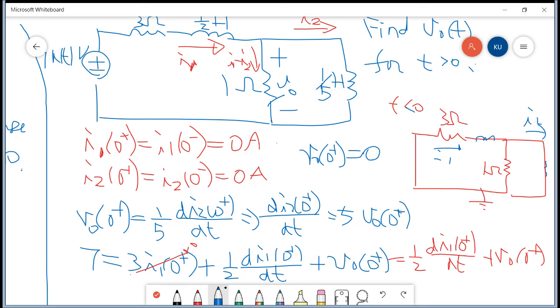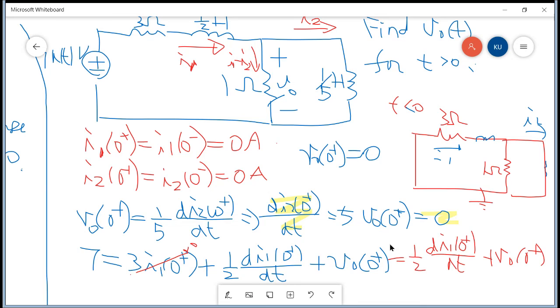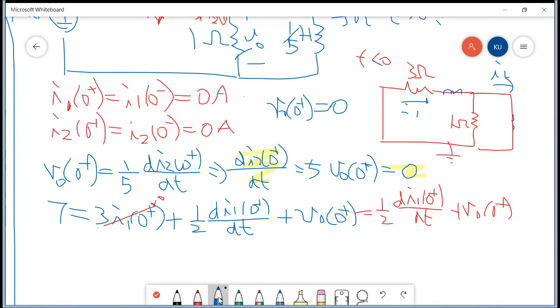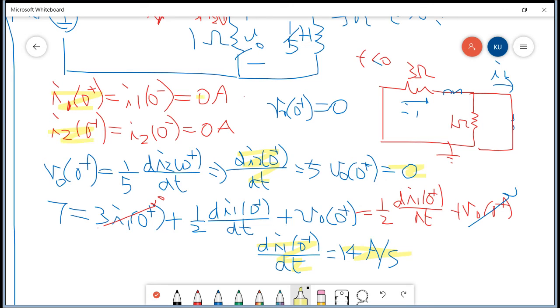Which means that this one is 0, this one is 0, and this one is also 0. So that di1(0 plus)/dt is 2 times 7, which is 14 A/s. So we have the initial conditions like this, and we have got the initial conditions.